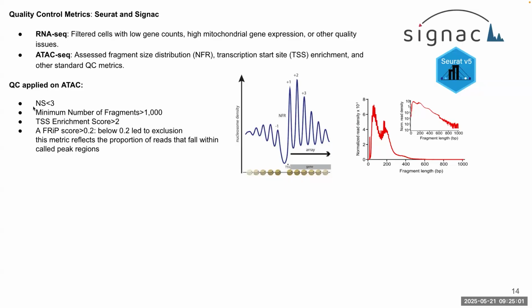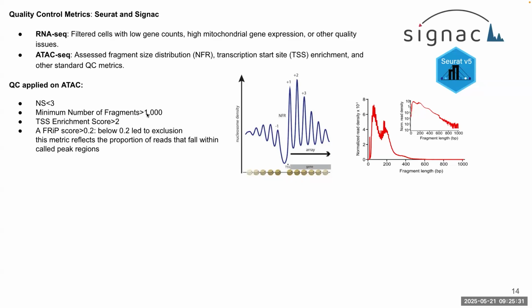So it's common to see in many articles that authors try to keep fragments that contain less than 3 nucleosome signal. Other metrics that are also used, and this is more of an arbitrary decision for each one of the authors, is to set a minimum threshold for the number of fragments that they want in each cell.